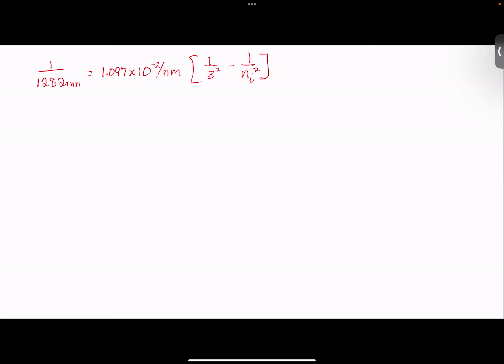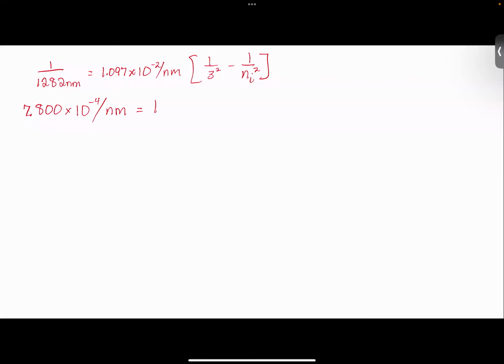A lot of times the first thing I do is I simplify fractions. You do have to be somewhat careful to leave enough values, but it's just easier if you simplify the fractions to work with. So 1 divided by 1282 is 7.800 times 10 to the minus 4, and that is per nanometer.